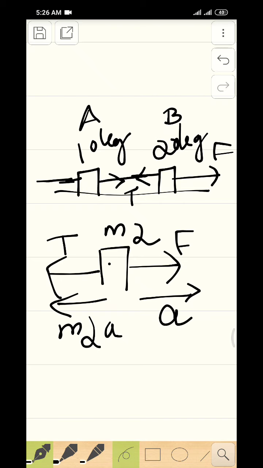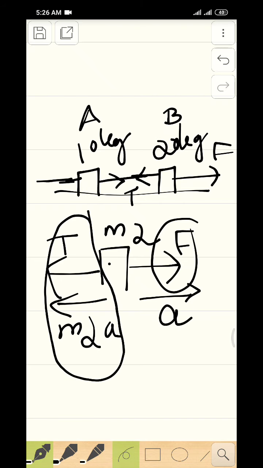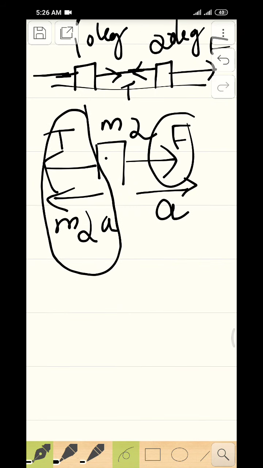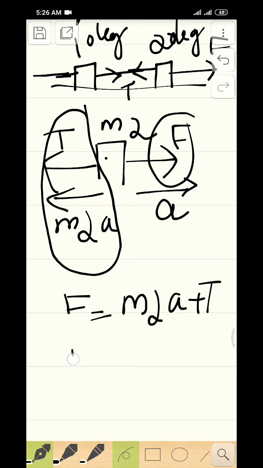By equating the forces on both sides, we get F is equal to m2a plus T. So we can rewrite this equation as m2a is equal to F minus T.